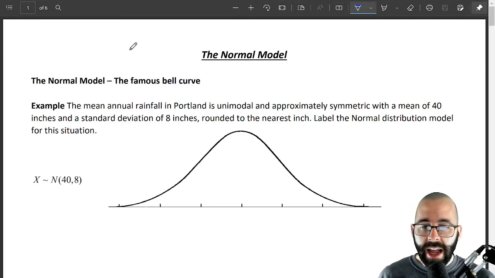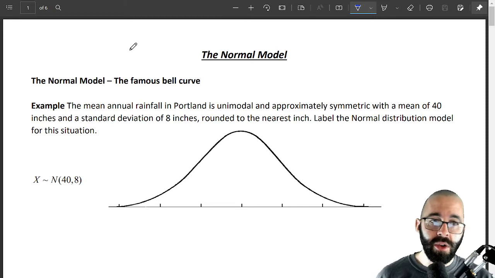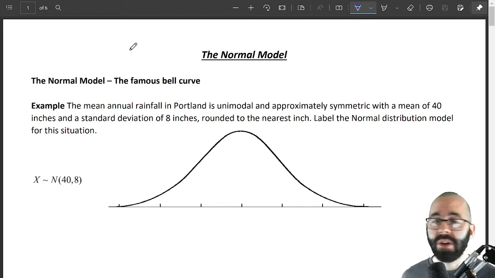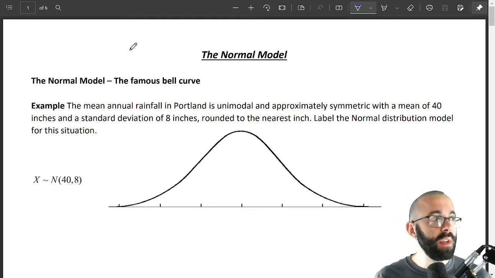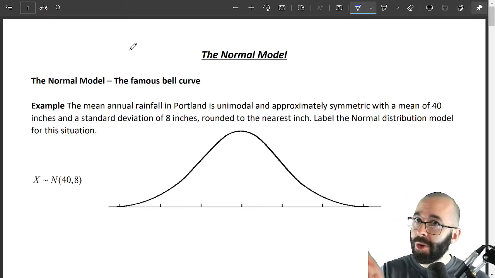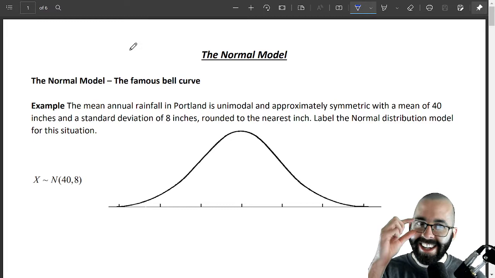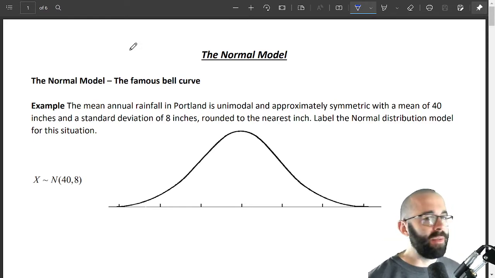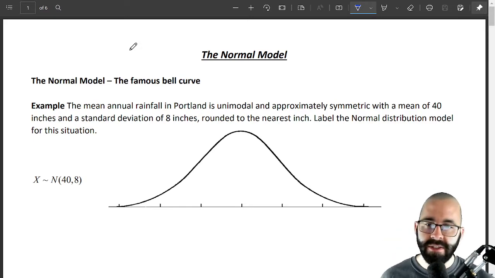So what we are actually going to get started with is the normal model, also called the Gaussian distribution. Now, the normal distribution is very common. It's normal to see in nature. It's the bell curve. We've seen it. You've seen this before for sure.